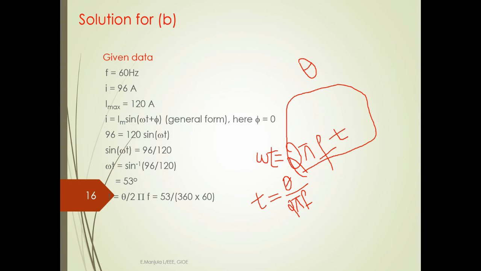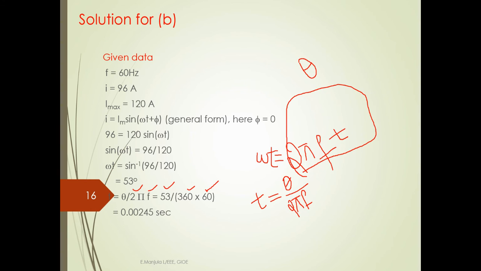Here we took omega t equal to 53 degrees, which is theta. So t is equal to 53 divided by 360 into 60, where f is 60 and 2 pi is 360.